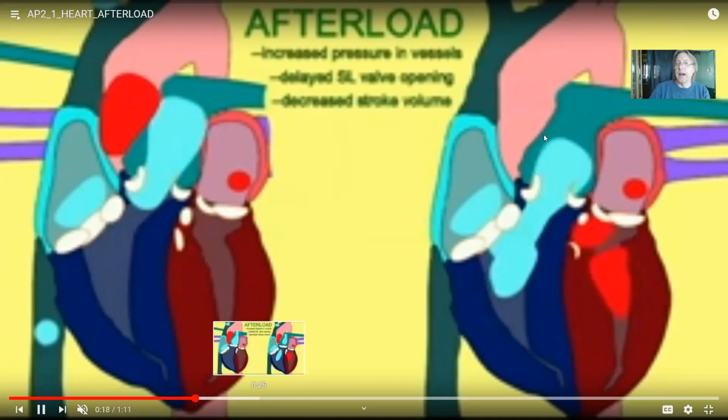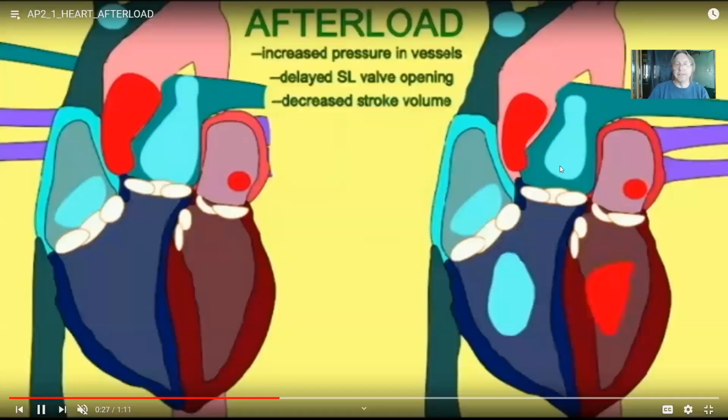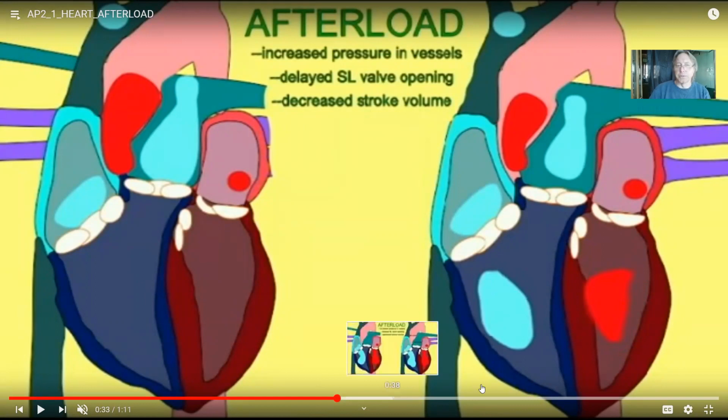right. On the right, the semilunar valves close when the pressure in the vessel is higher than the pressure in the ventricles. And so once again, that will happen a split second earlier for the person on the right. So this person on the right has a higher blood pressure, and as a result, they had less time to eject blood.